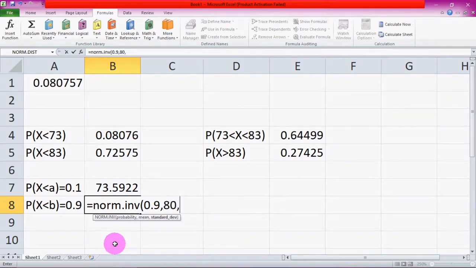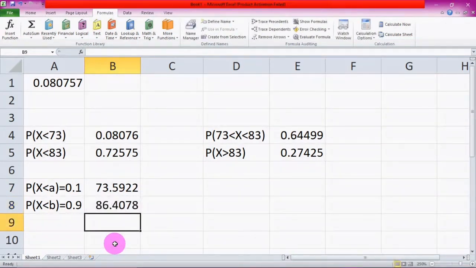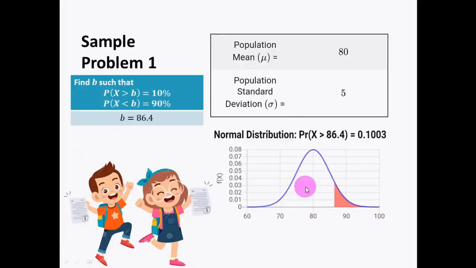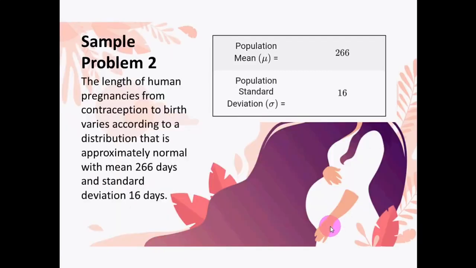Then press enter, we get this value, 86.4. Note that kung i-compute natin yung probability that X is greater than 86.4, we will get 0.1003 or approximately 10%.